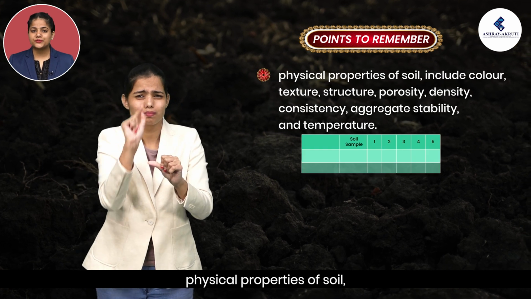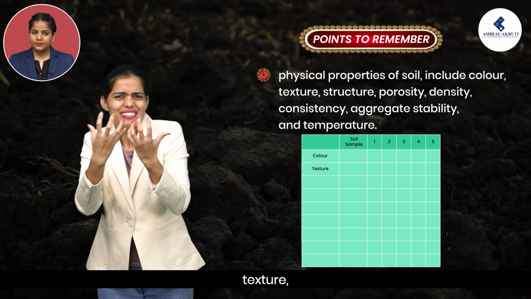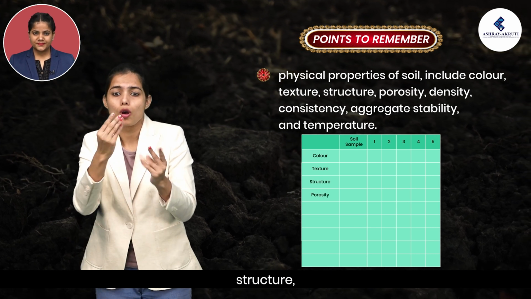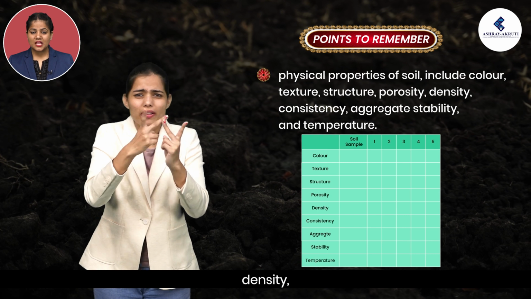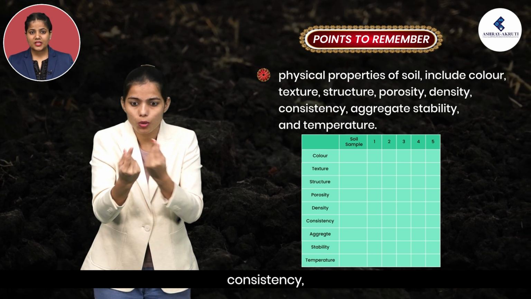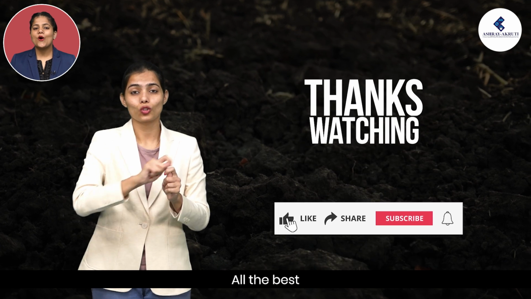Physical properties of soil include color, texture, structure, porosity, density, consistency, aggregate stability, and temperature. All the best.